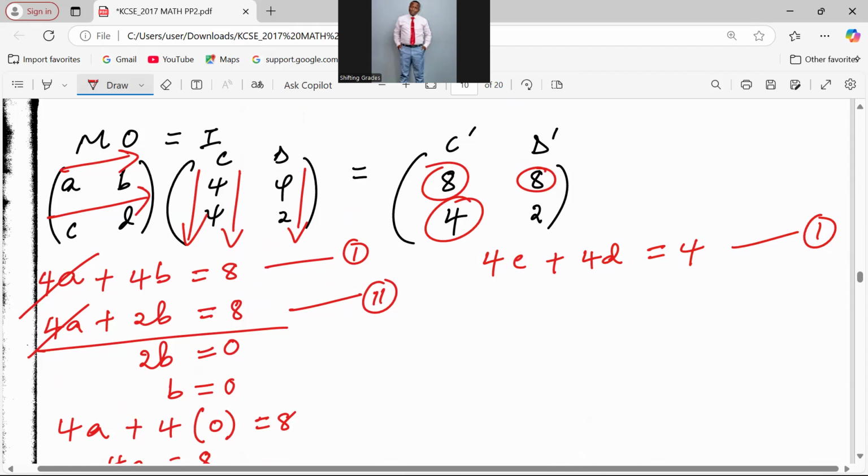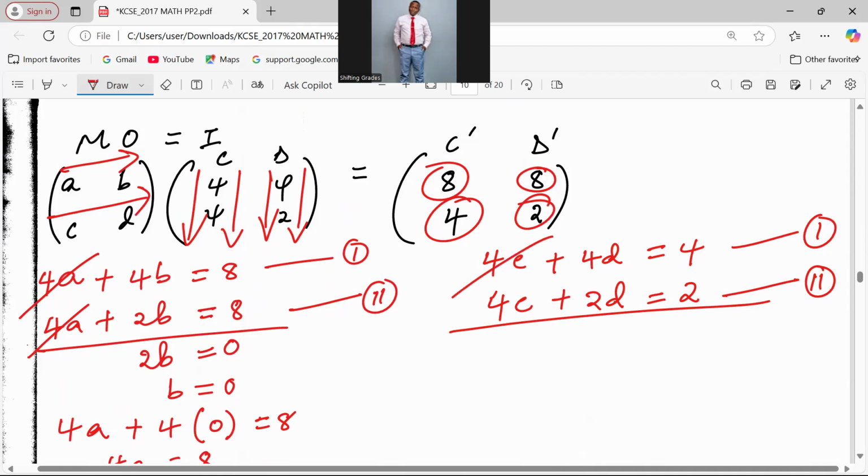Another equation, we can use the same row and the last column here, whereby 4C plus 2D should give us the element at this point, which is 2. Again, by elimination, 4C minus 4C, so that we have 2D equals 2, and the value of D is now narrowed down to exactly 1.